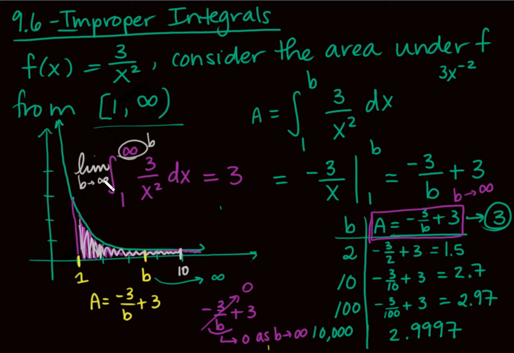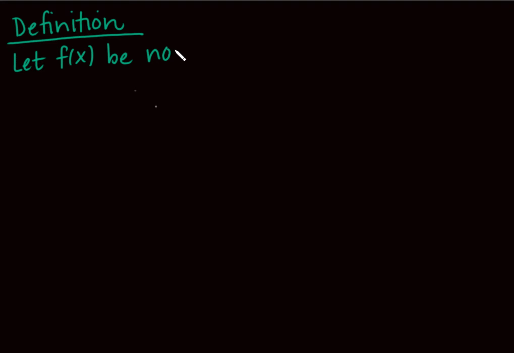Okay, so let's write down some definitions for this. I actually kind of don't like how your book did this because it didn't quite give you all the definitions you need. But we'll just start off. I just want to give you these two definitions that are going to be important for us. All right, let's let f of x be non-negative.